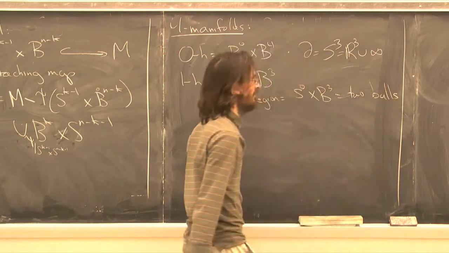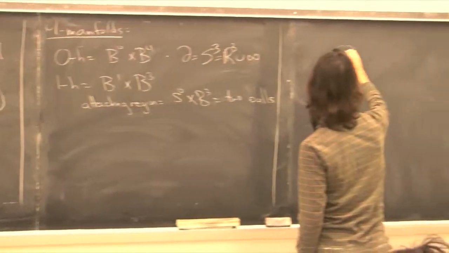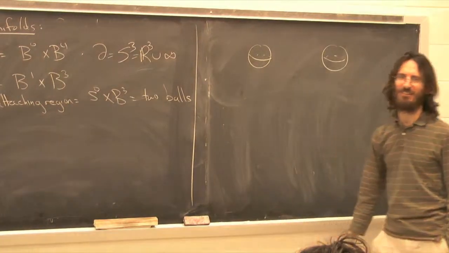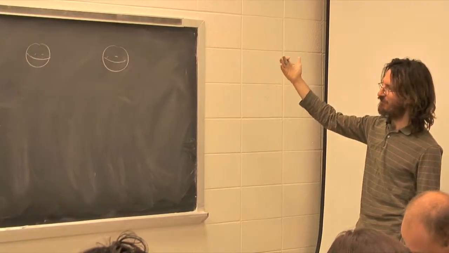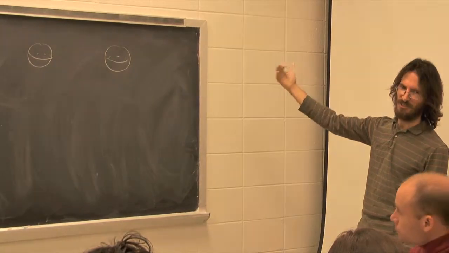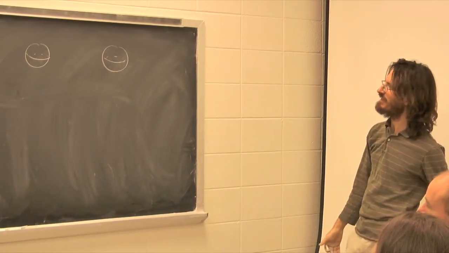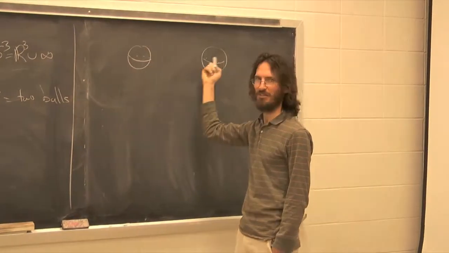So inside R3, I could draw a ball and a ball. And I can say, ta-da, here it is. This picture is a four manifold with boundary. It's a zero handle, which has a boundary of S3, and there is this ambient space, and then I've added the one handle to it.